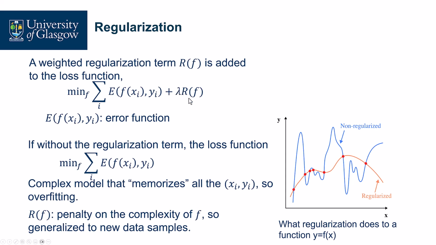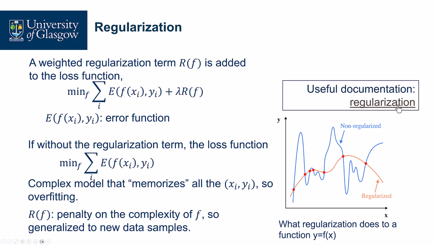If it is too large, then this term will dominate the loss function, and it may lead to underfitting. If lambda is too small, this term may not have a big impact. So lambda needs to be carefully selected.